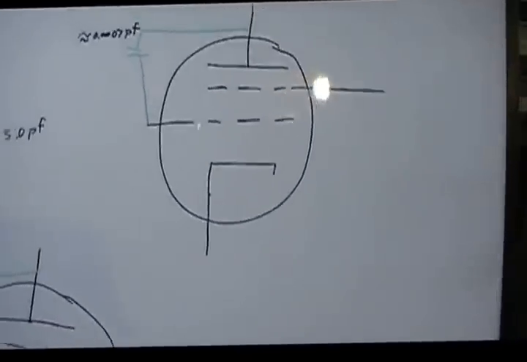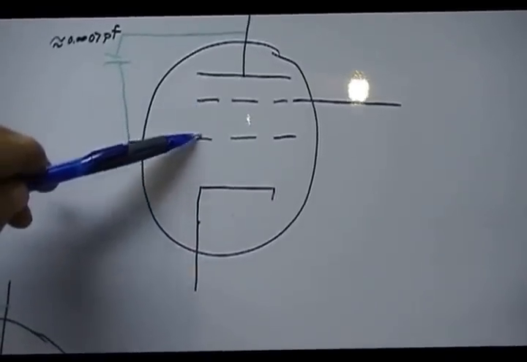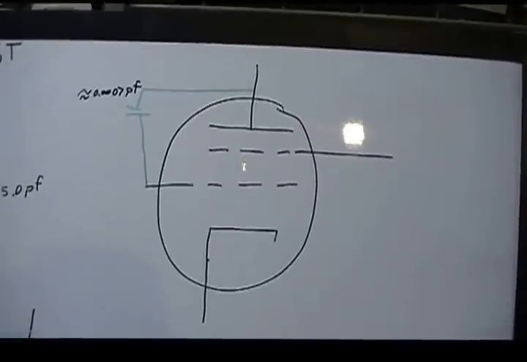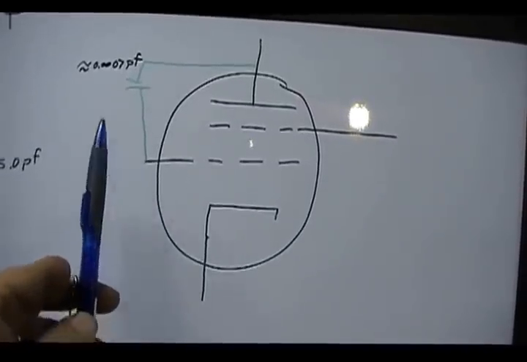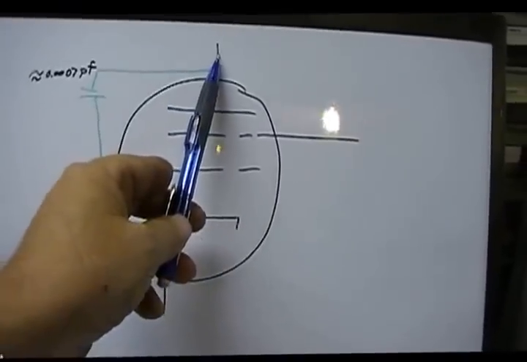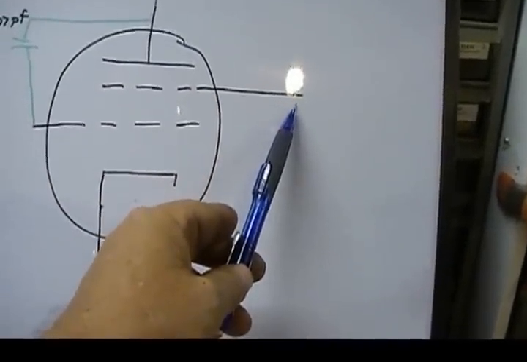But it becomes a positive shield between the grid and the cathode as far as the capacitance is concerned, breaking it up. Now, yes, there is capacitance between these two, but you've got to remember what we're doing with the tube. The control grid is our input. This is where our signal comes in. The plate is our output, not the screen grid.